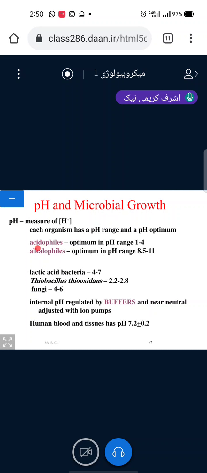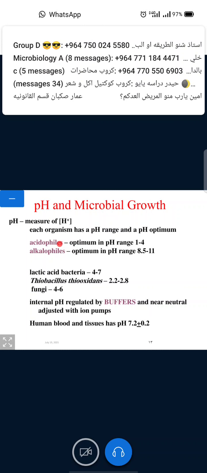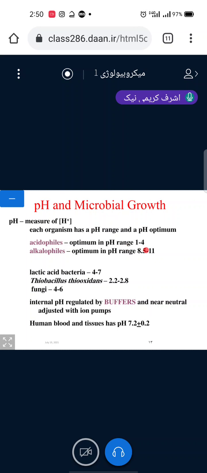Acidophiles means an organism likes or grows in acidic conditions. Optimum pH range for these organisms is 1 to 4, very low pH. And alkalophiles: the optimum pH is 8 to 11.